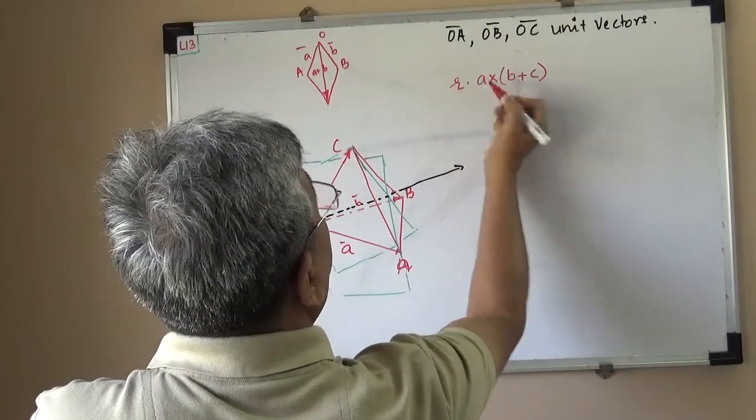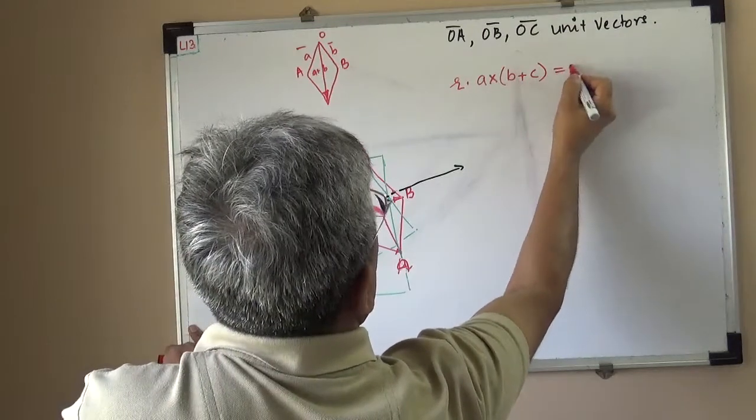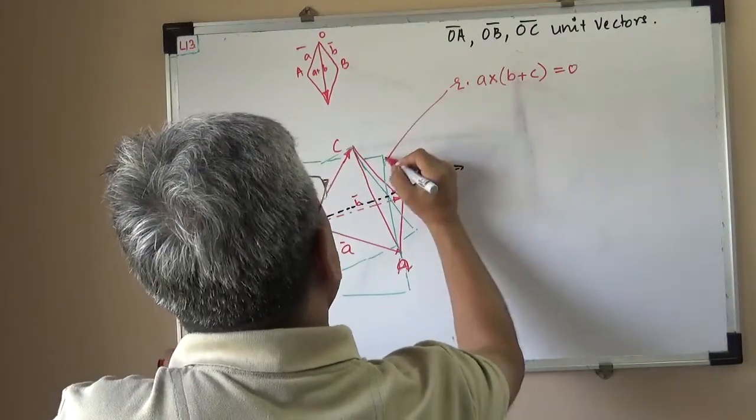So R dot (A cross (B plus C)) is equal to 0 is going to be the equation of this plane.